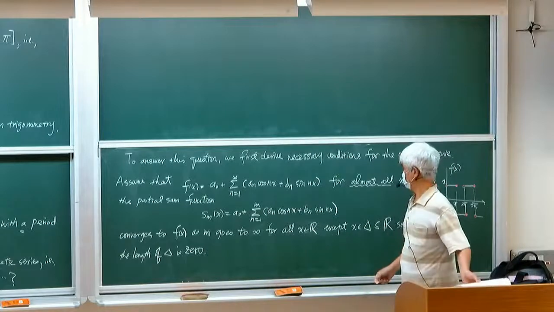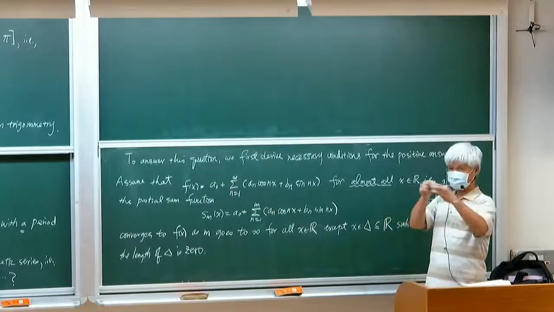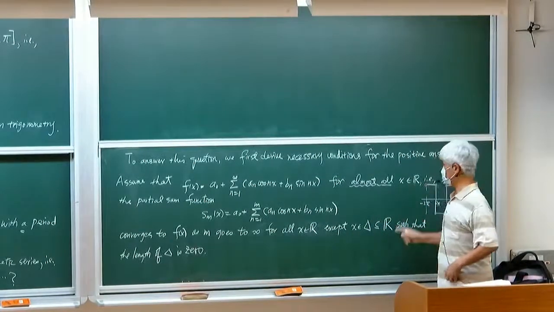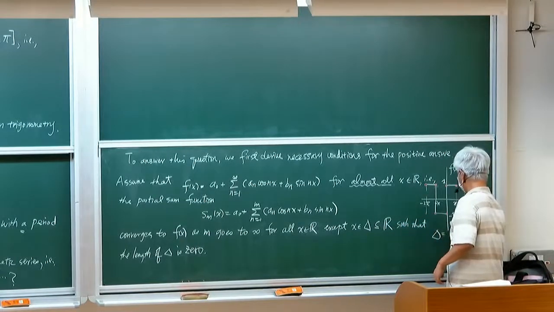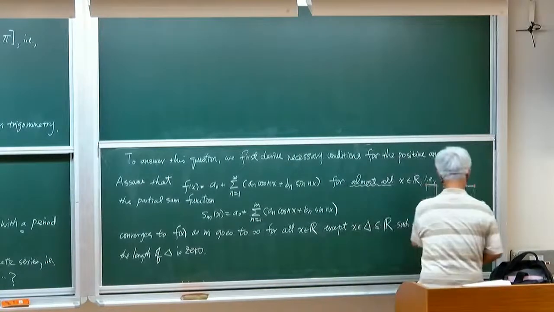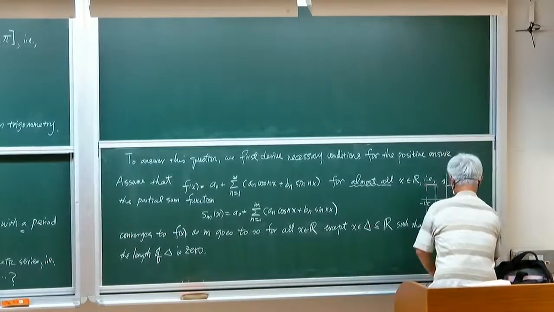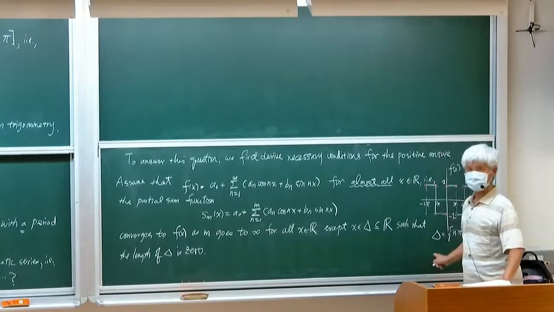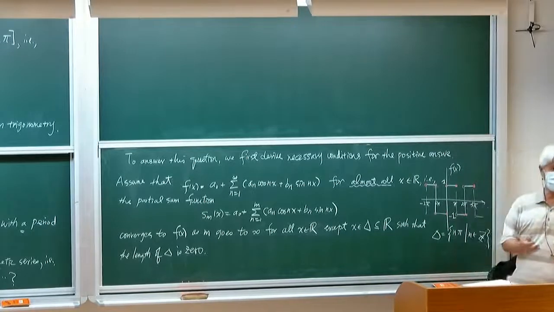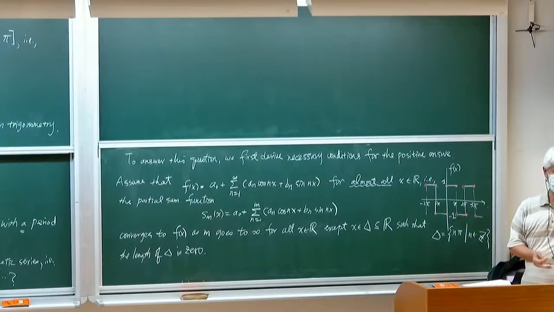Delta is a subset of R. Just like here, delta is equal to the set of m pi, the set of all integer multiples of pi.